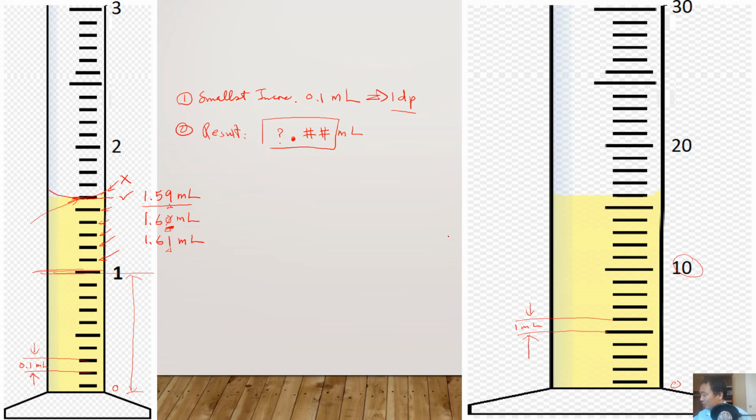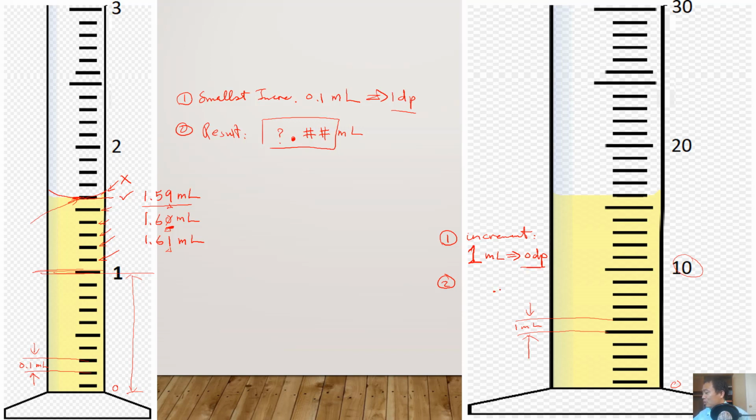So similarly, the first step, I'm going to just write increment, okay? Save some time. Smallest increment, you have 1 milliliter, which has 0 dp in it. All right? So your result should always be 1 more decimal place.